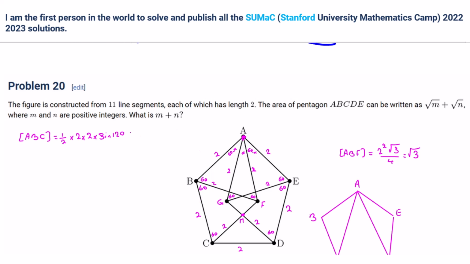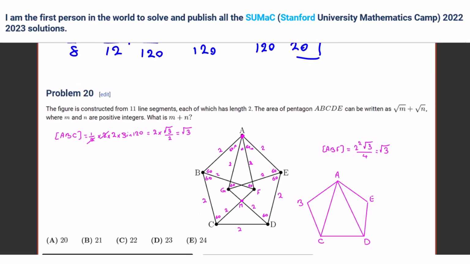Sine 120 is sine 60, which is root 3 over 2. So we can cancel these 2's. It's 2 times root 3 over 2, which is root 3. What's the area of AED equal to? It's also root 3. Good job. So if you calculate the area of ACD, the problem will be solved.